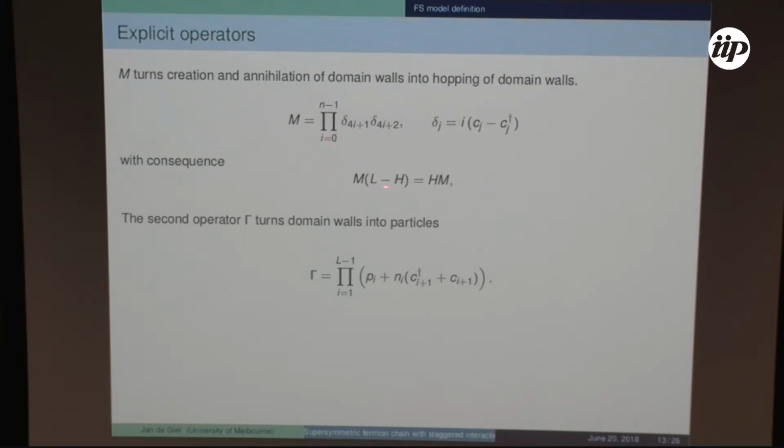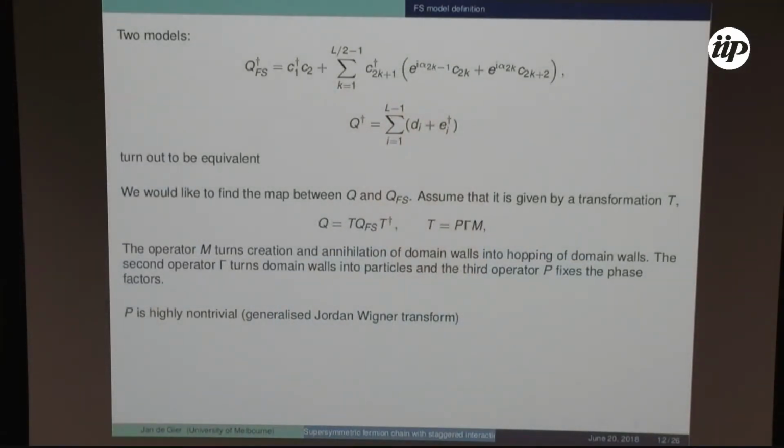It actually has a nice property that it inverts the spectrum. And there's a second operator, gamma, that turns domain walls into particles, and you can write that explicitly as a product as well. And this operator P has an explicit form, but that's too complicated to put on this slide here.